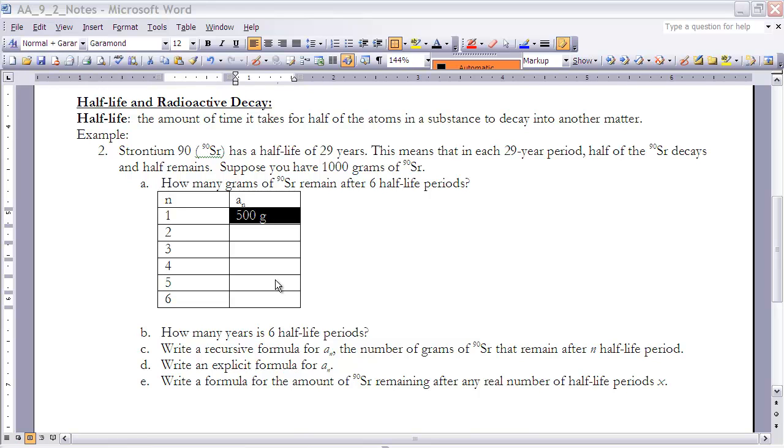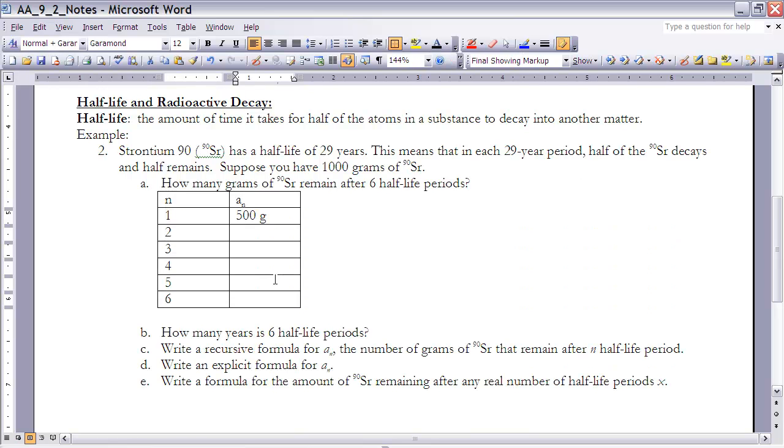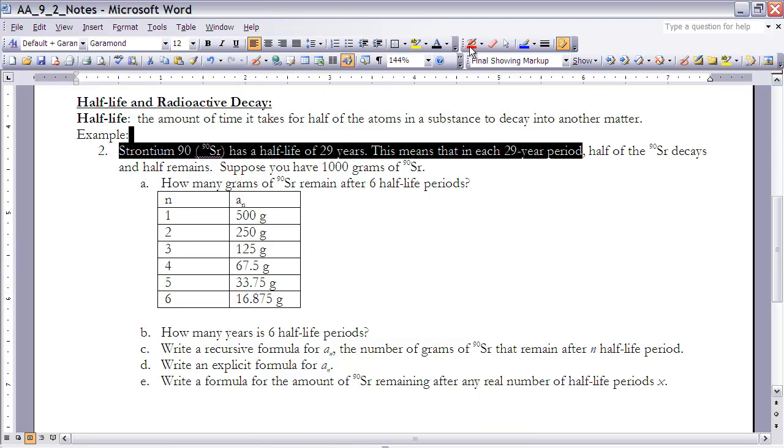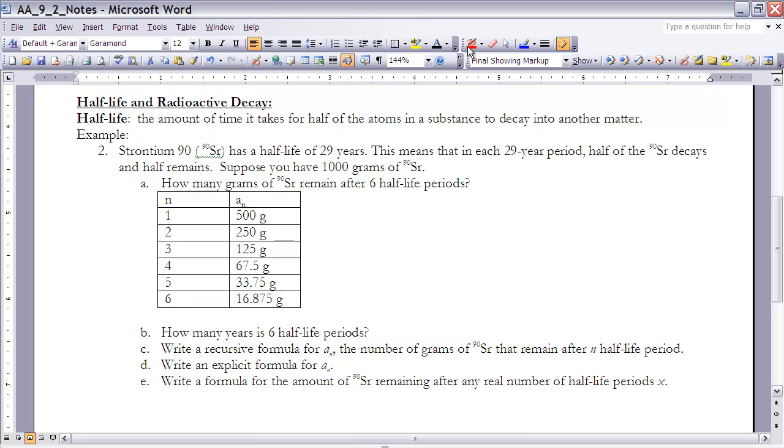So really what's happening is we're dealing with a recursive formula. We're always taking half of the previous value. Now remember that n represents the number of half-life periods. It does not represent the number of years. So in part B it says, how many years is 6 half-life periods? Well, each half-life period is 29 years.